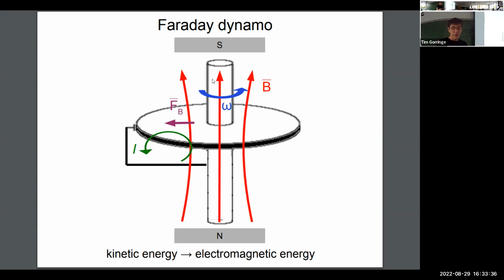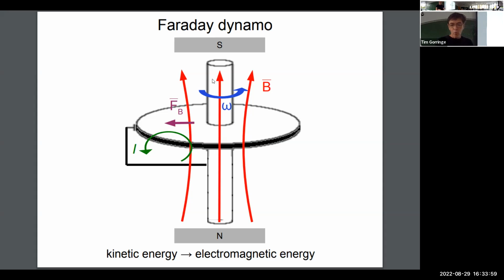If you build a dynamo in the lab or in your office or at home, you'd be turning kinetic energy into electromagnetic energy. At one level, the Earth is a dynamo, and the sun as a dynamo is quite simple.